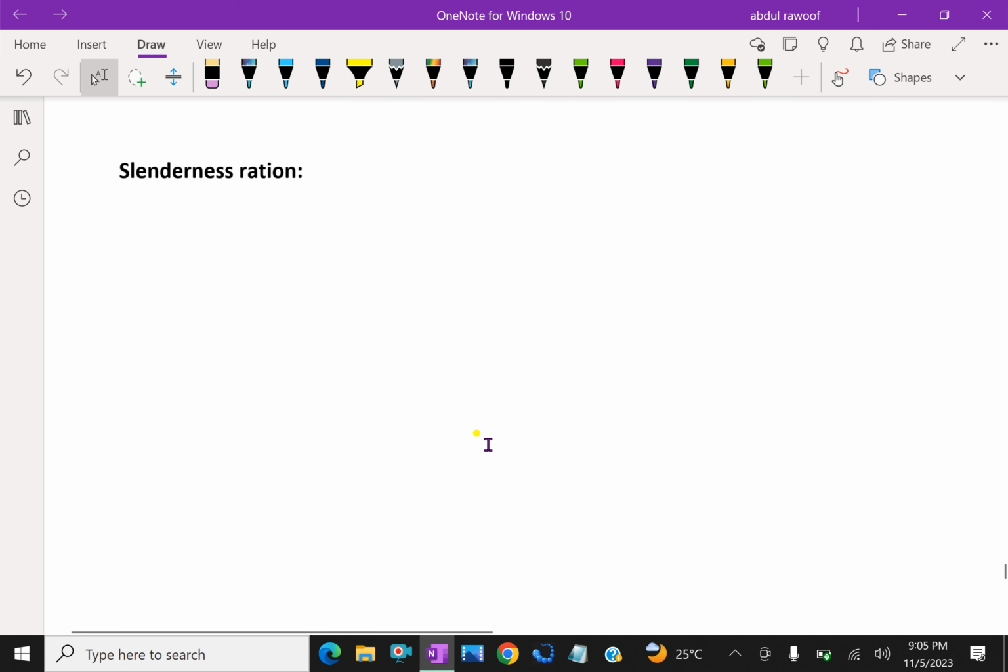Next is slenderness ratio. The ratio of the actual length of the column to the least radius of gyration of the column is called the slenderness ratio.